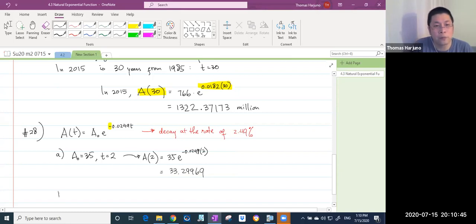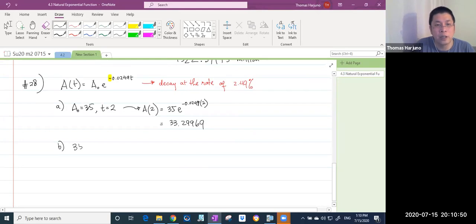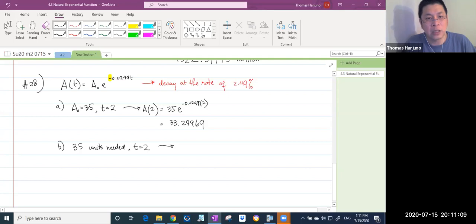Suppose we reverse the question. 35 units needed. Okay, and again, it takes 2 days for the shipping to arrive. Now then, what is the minimum they need to ship from there? So what is the A naught?